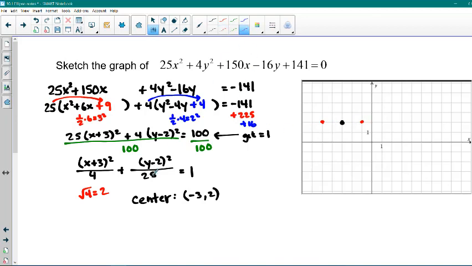And in the denominator of the y term, I have a 25. Square root of 25 is 5. Y reminds me of the y-axis going up and down. I will go from the center up 1, 2, 3, 4, 5, down 1, 2, 3, 4, 5. And I am able to sketch in my ellipse.